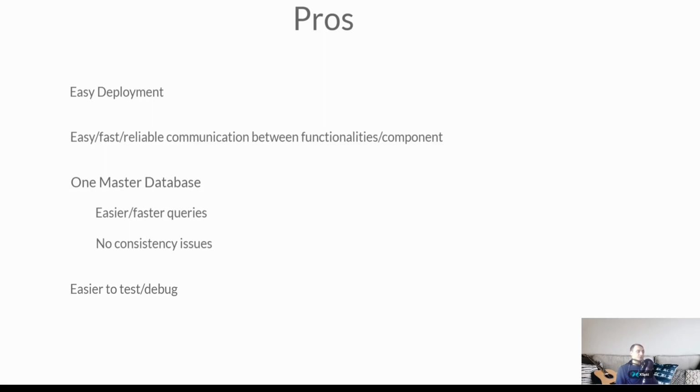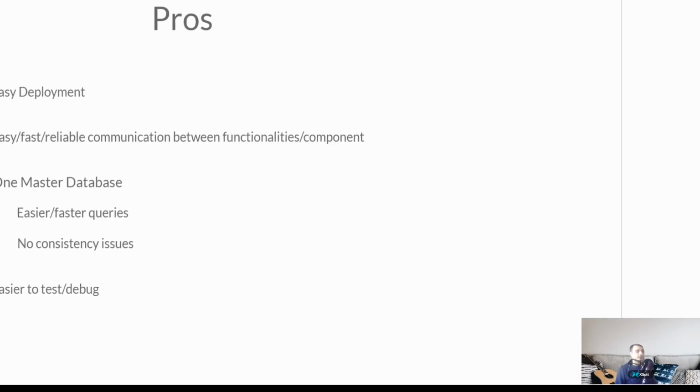In more distributed systems like microservices, when something goes wrong, you need to identify which service or which component's fault it is, right? So in the monolithic approach, since we have everything together, we know exactly which project, which app to check. So in this sense, it's sometimes easier to test and debug.